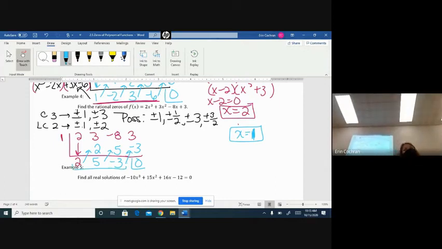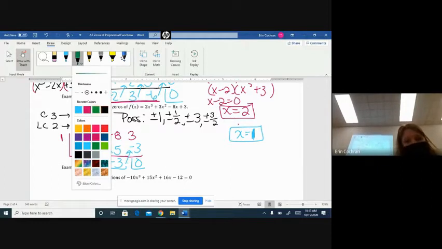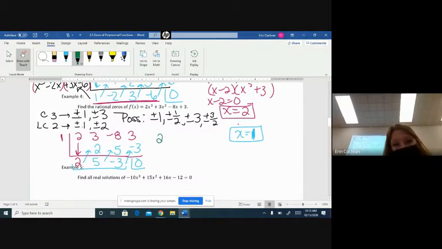So before I just keep plugging in numbers, can I see about factoring that? Yeah, I would always try to factor if I can first. All right, so let's go ahead and try to factor. So this would actually be 2x squared plus 5x minus 3, right? Is everyone okay with that? All right, so can I factor 2x squared plus 5x minus 3?